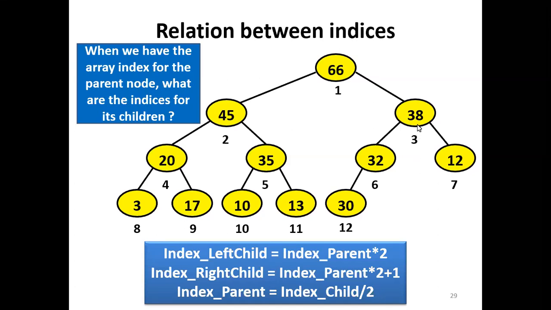Approximated is, for instance, if we have to find the index number of this parent here, and the index number of the left child is 6, if we divide it by 2, we're going to have 3. But if we use the index number of the right child, 7, and divide it by 2, we're going to have 3.5.